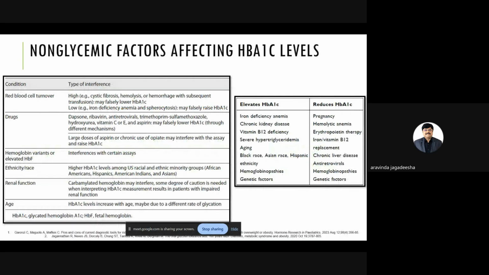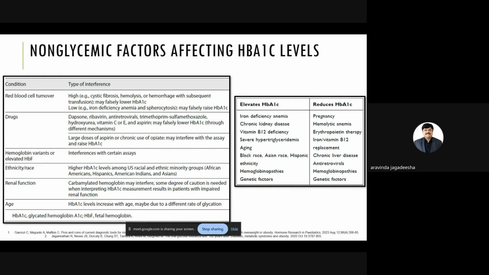This slide shows the non-glycemic factors affecting HbA1c levels. On the left-hand side, you can see red blood cell turnover: when it is high, for example in cystic fibrosis, hemolysis, or hemorrhage with subsequent transfusion, it may falsely lower the A1c. If it is low, for example in iron deficiency anemia and spherocytosis, it may falsely raise the A1c level.